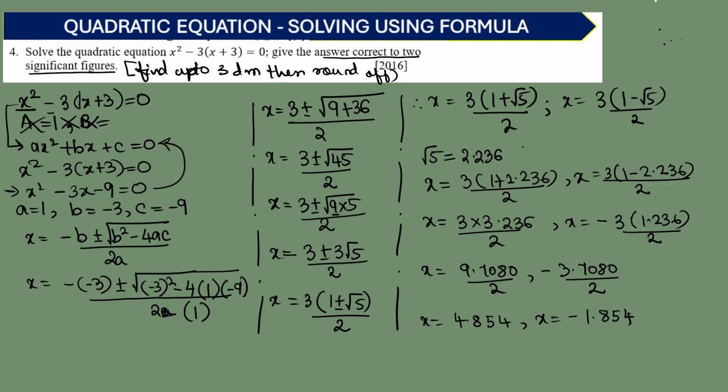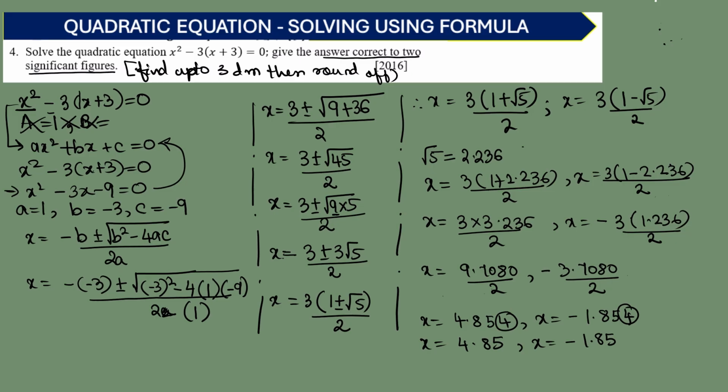Now if they have told you to write it correct up to 2 decimal points, then we will write x is equal to 4.85 because the third decimal point or third significant point is lesser than 5. Or x is equal to minus 1.85 because here the third significant figure is lesser than 5.